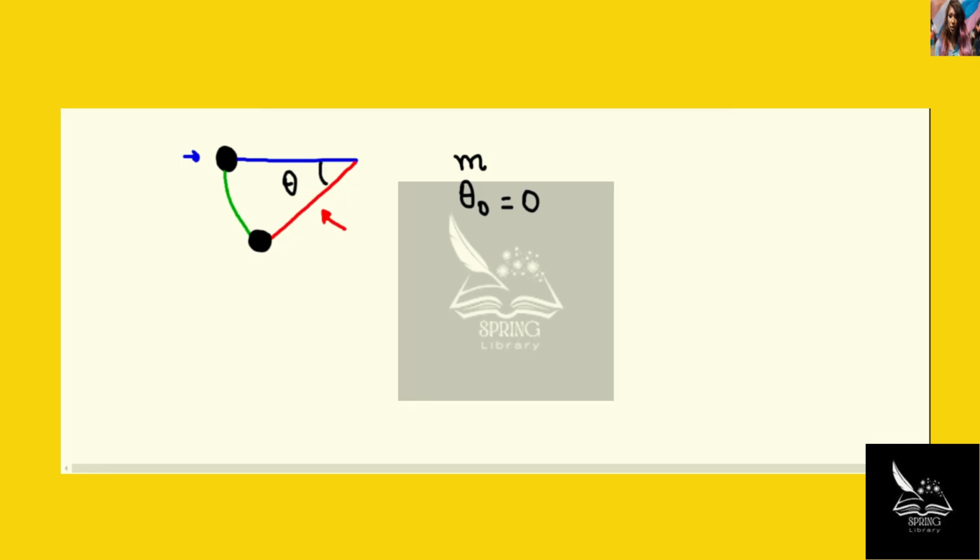Our goal is to find the tension in the string as a function of the angle theta. In order to do that, we're going to need to revisit the concepts of circular motion.